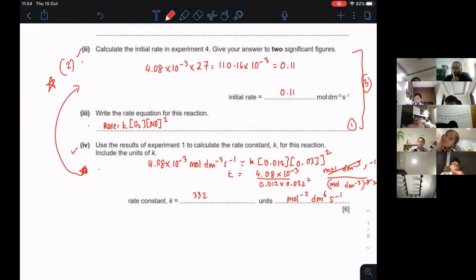If you're talking about our paper 4.2, then for that paper, every 3 years there will be one reaction kinetics question. But for different variants, I think it's once every 2 years, the frequency is different. If you're looking at it by year, it's actually coming up quite frequently. So please take note.